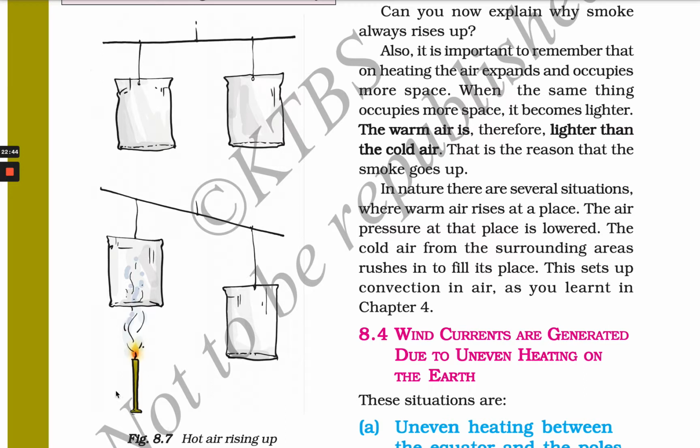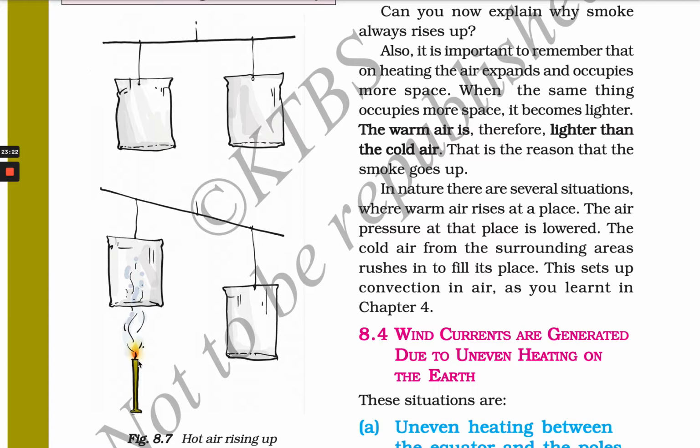Here, you can take empty paper bags or empty paper cups or plastic bags or plastic cups, and tie them in this manner apart on a metal string or a cycle spoke, as it says in your textbook, and hold one of the bags a little far away under the candle so it doesn't burn, but the plastic bag receives some of the heat.